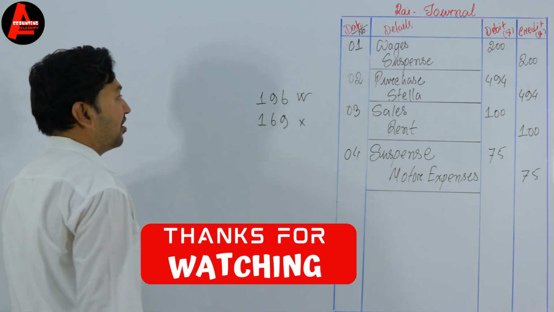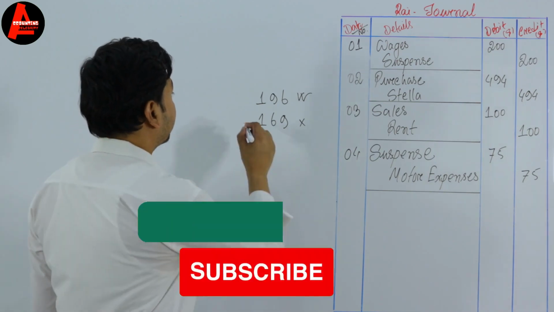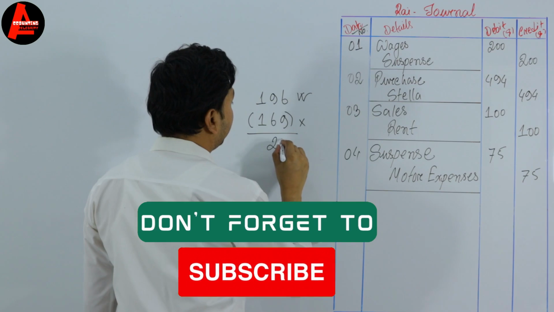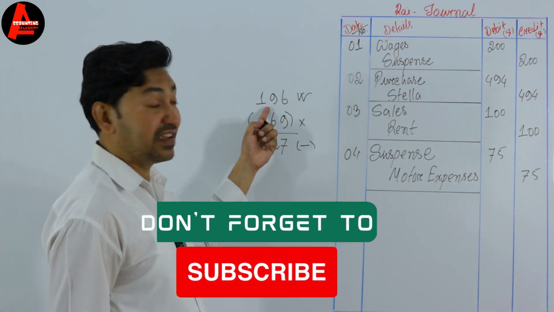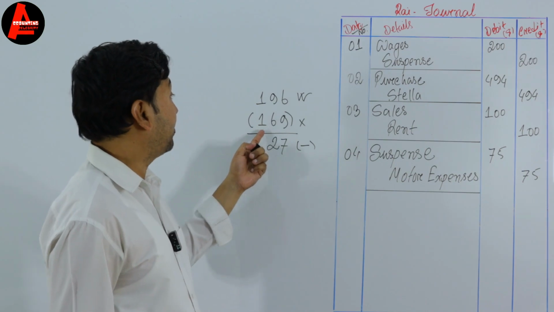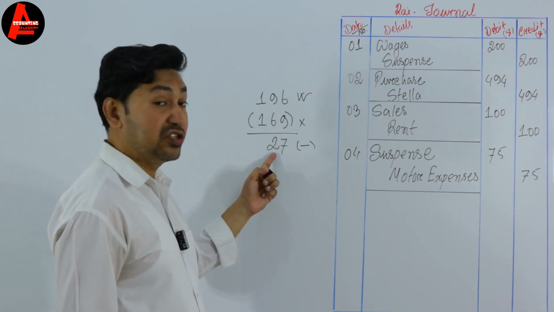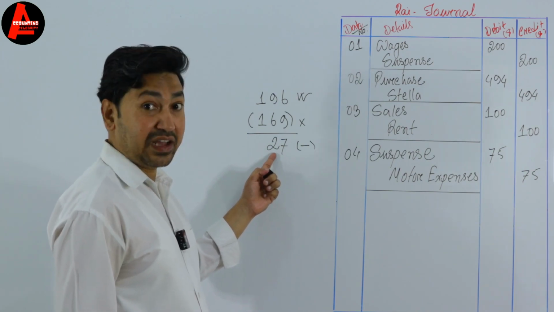Okay, this is wrong. So what mistake happens here? So if we subtract this amount, we get 27. Yeah, so Jasper's account should be 196 but written less by 27, written as 169.